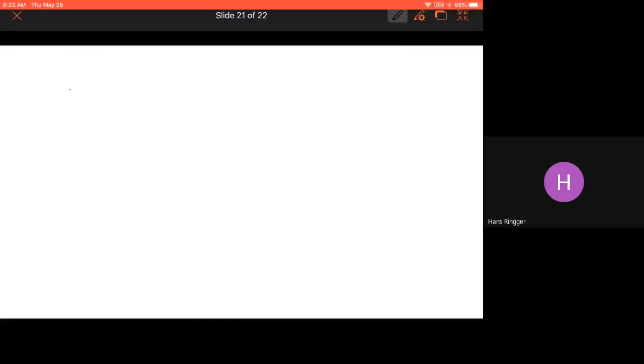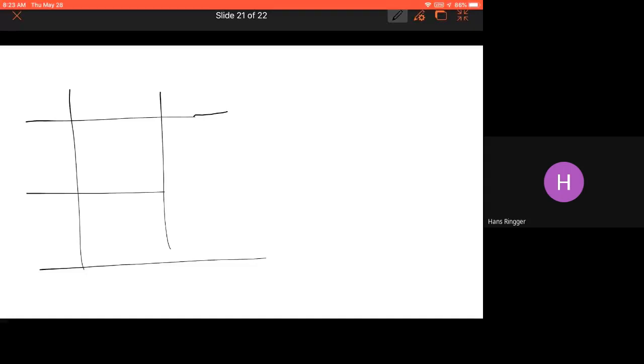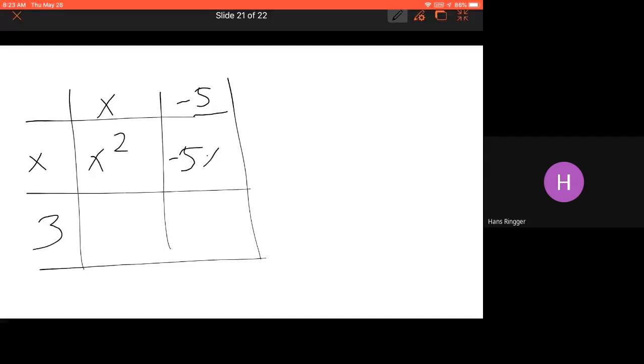All right, here's our rectangle diagram. We've got x minus 5, x plus 3. So we have x squared, negative 5x, 3x, and negative 15. All right, let's write them out and simplify.